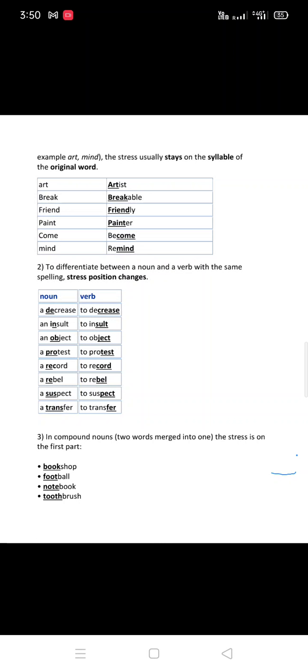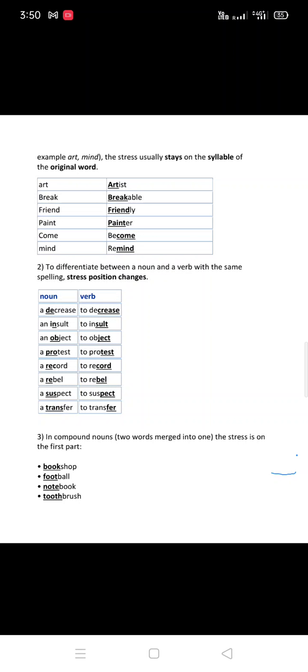If you remove suffixes or prefixes, there is only root word. Suppose breakable, here suffix able is added here, right? So you have to remove able. So what is root word or original word is break, and able is added here, right? So always we should give stress on original word or root word.